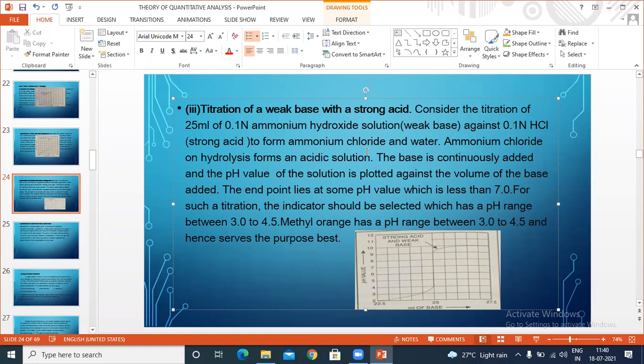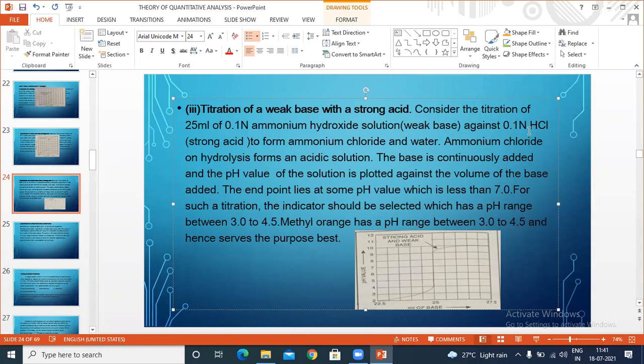Generally, the preferable way is to take the acid in the conical flask and the base in the burette. So ammonium hydroxide is taken in the burette and HCl in the conical flask. The reaction that takes place is that ammonium hydroxide reacts with whatever HCl is in the conical flask.